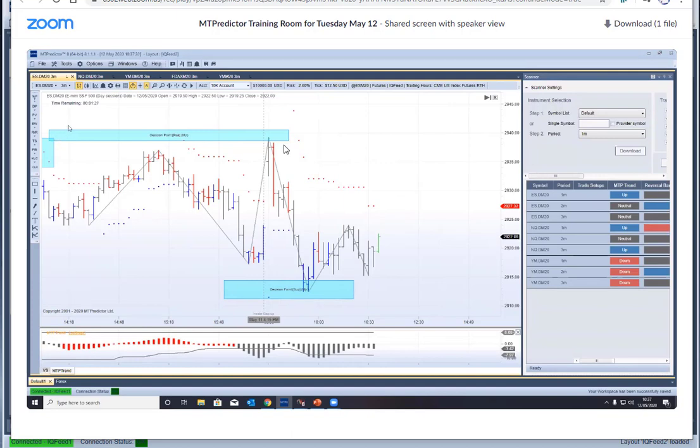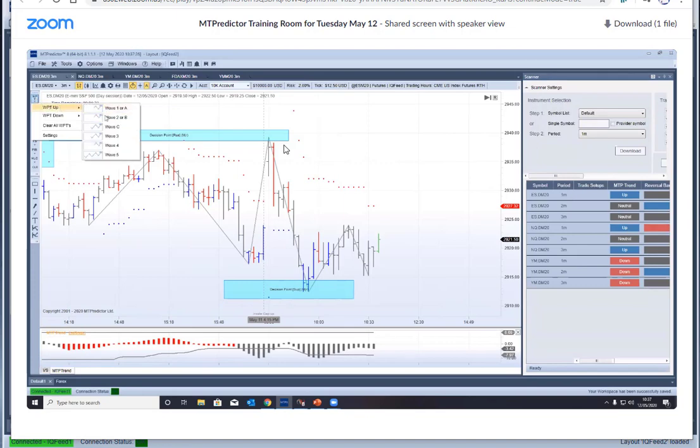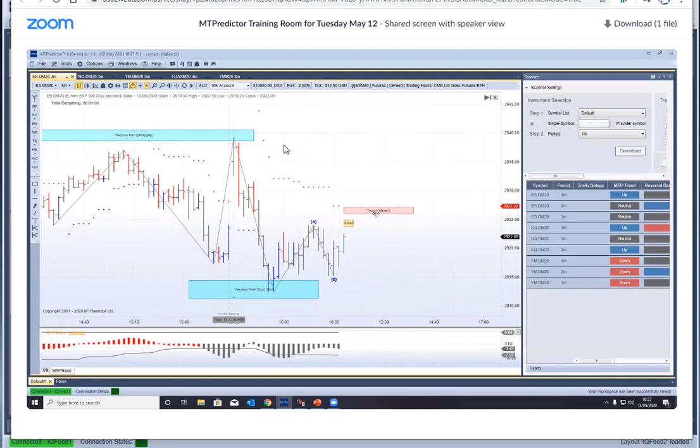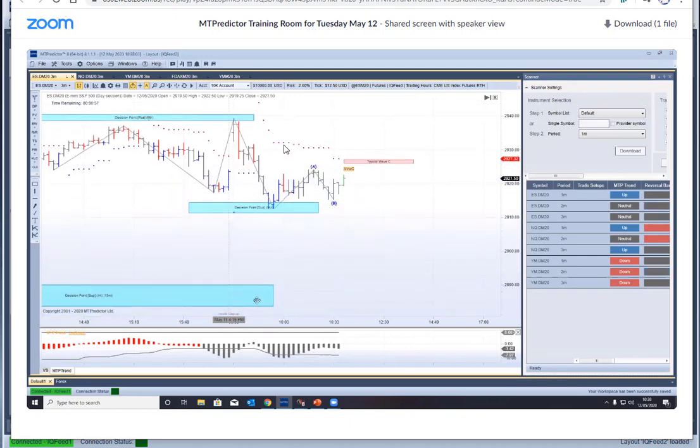This is probably slightly advanced stuff here, but what you can do now is go to WPT, WPT up, we're looking for a wave C, so you click start of wave A, the end of wave A, the start of wave B, the end of wave B, and then suddenly you've got these levels on the chart where you think, well, actually, this could be an area of where if the market got to this level, this would be the perfect area for an ABC correction to unfold, to then make a sell setup, to then potentially come all the way back down to here.